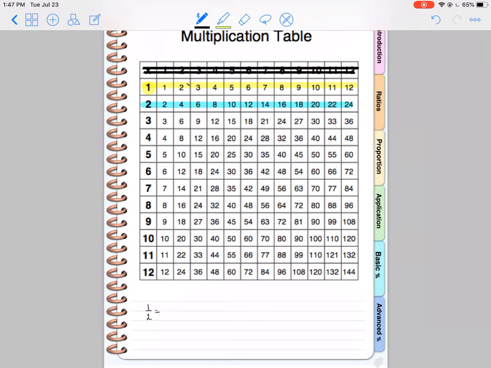That is equal to 2/4, which is equal to 3/6, which is equal to 4/8, 5/10, 6/12, 7/14, 8/16, 9/18, I'm running out of room, 10/20, 11/22, and 12/24.